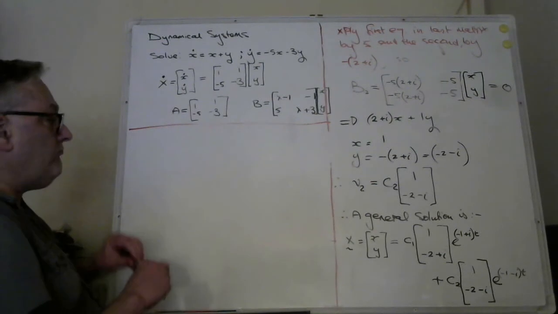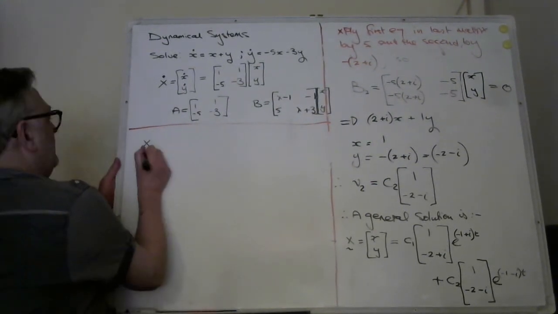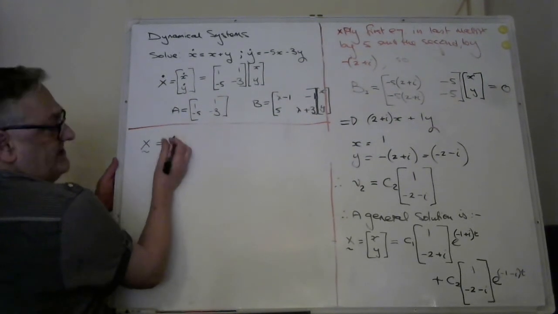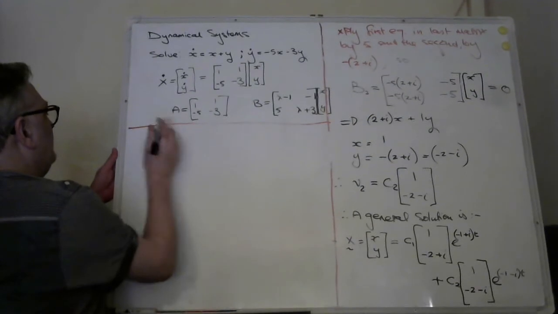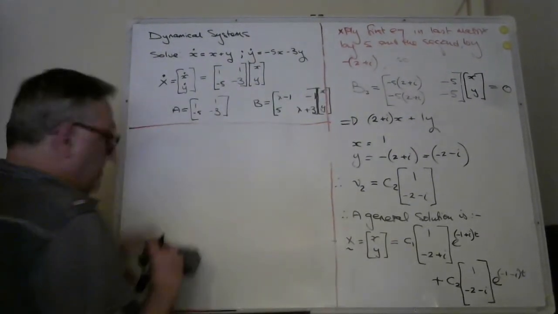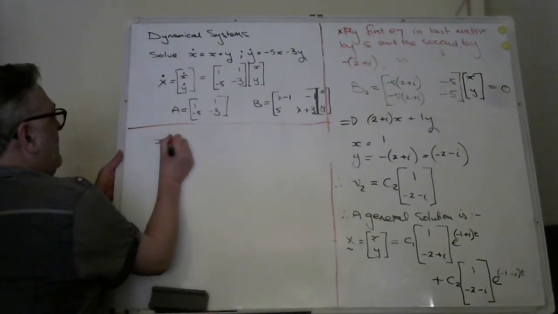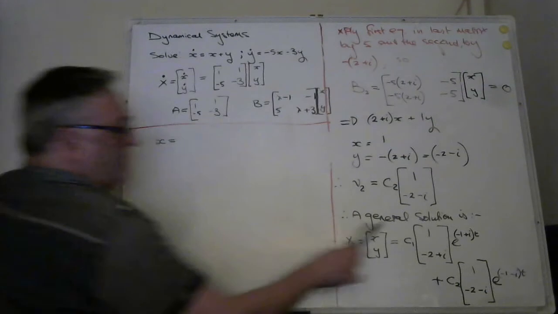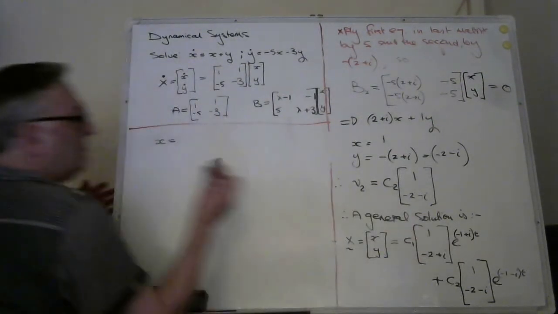So x is equal to c1 times 1 times this exponential part.